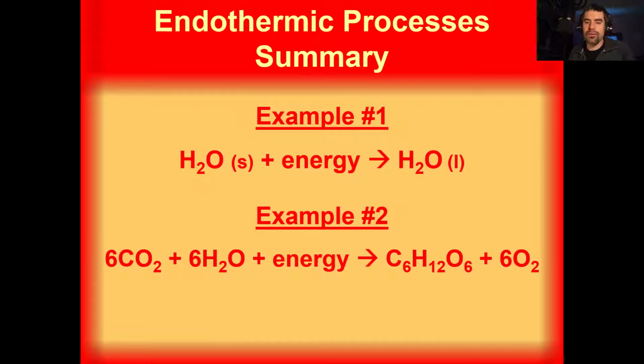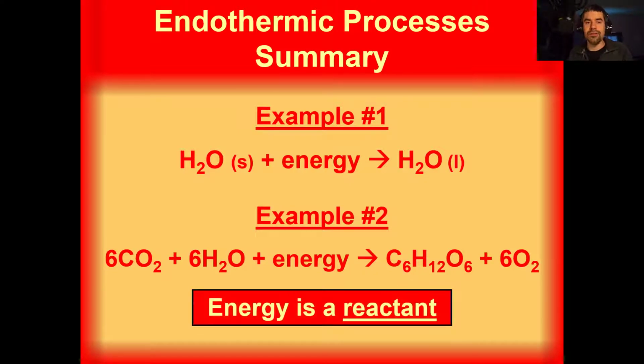So here are the two examples that I just showed you. First, a physical endothermic process, and the second is a chemical endothermic process. And in both of these cases, energy is a reactant, and that is how you recognize this as occurring. Sometimes the reactant won't just say energy, it will give you a number in joules or kilojoules per mole.